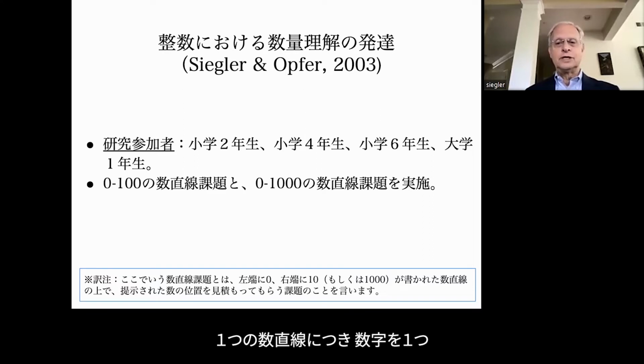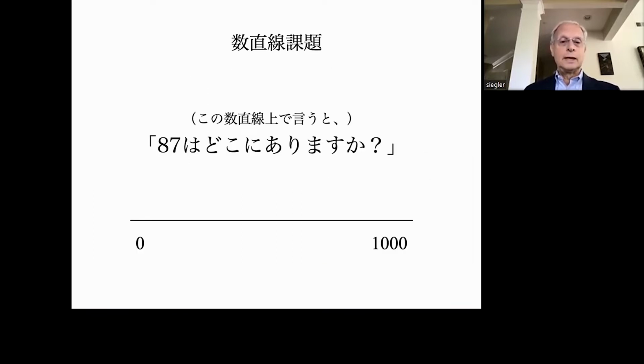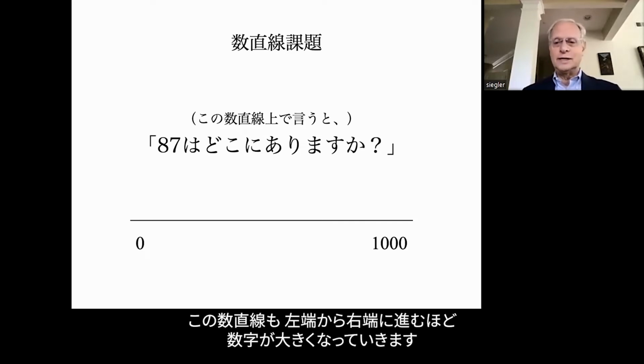So here's how this task goes. It's a task we use often throughout this series of research studies. A typical problem: a number line is presented with boundaries at both ends, 0 at one end, 1,000 at the other end. The number line is arranged from left to right to parallel the mental number line.